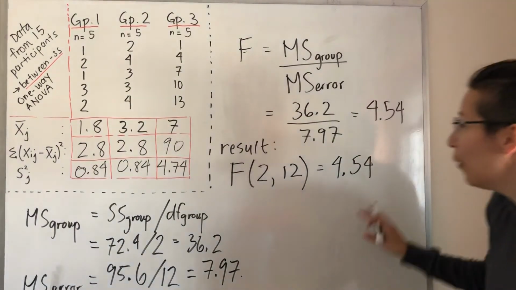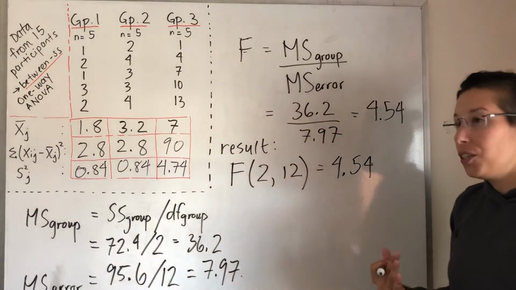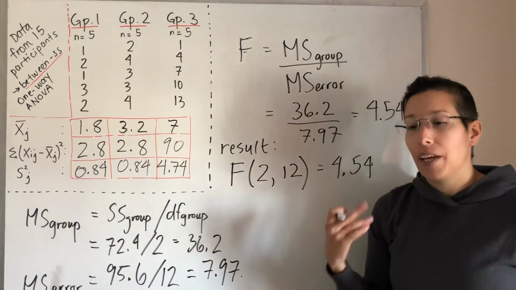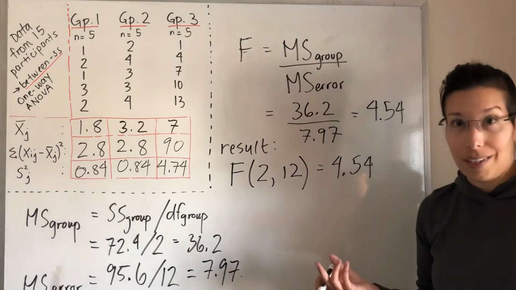No, just kidding. You want to know if it's significant, right? So what you would do is appeal to your table, or if you're using statistical software, it has a fancy table that it can generate and use itself.